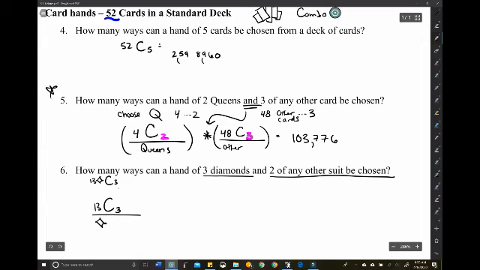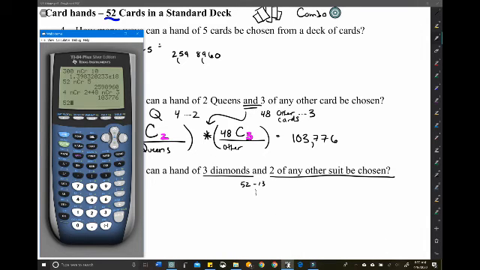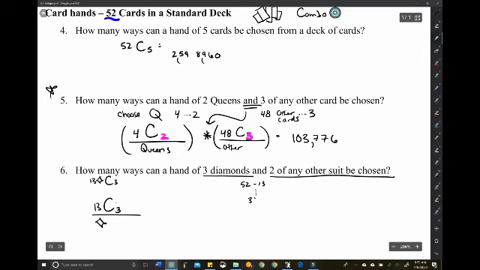2 of any other suit. Okay. Well, if there's 52 total cards minus 13, okay, that just means that of other suits, there are 39 other cards. Okay, so 39 other cards, I'm choosing 2 of them. All right, and means to multiply.